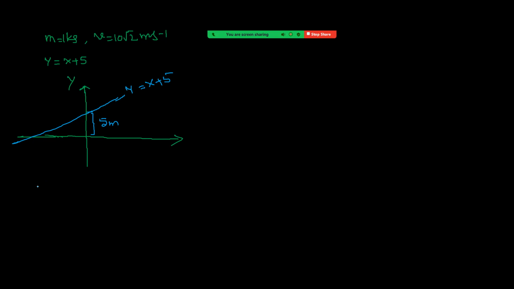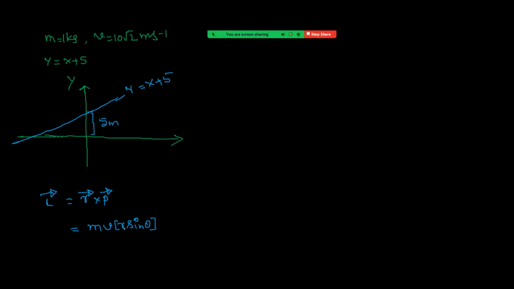See how to calculate. L bar equal to R bar cross P bar. So in this, we are focusing on only the modulus value. That is M into V into perpendicular distance R sine theta. Okay. Focusing only on modulus value.